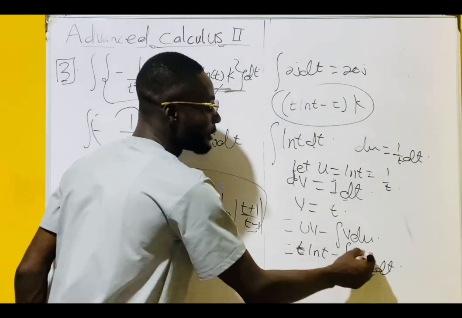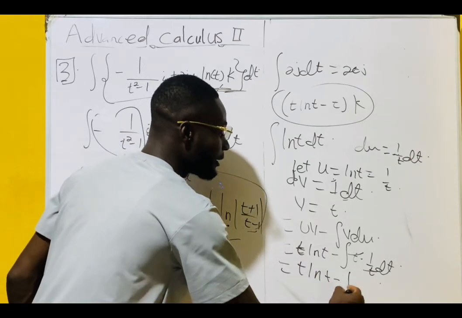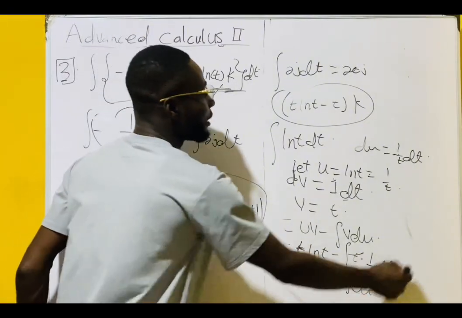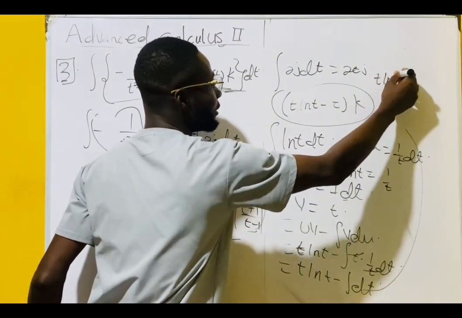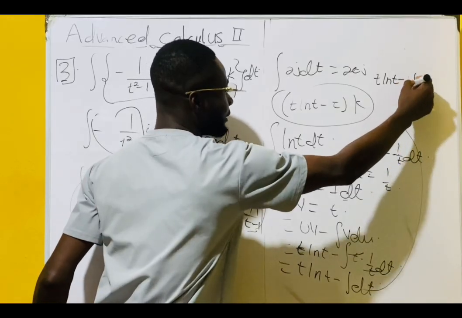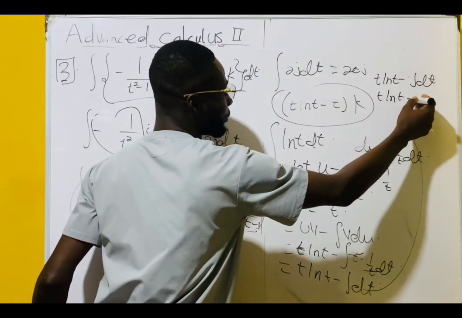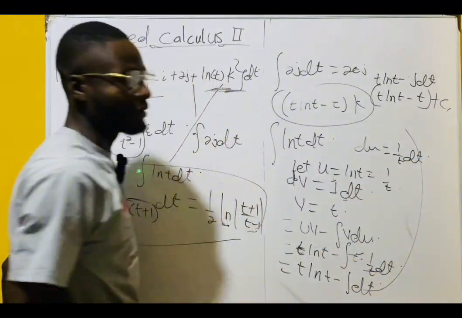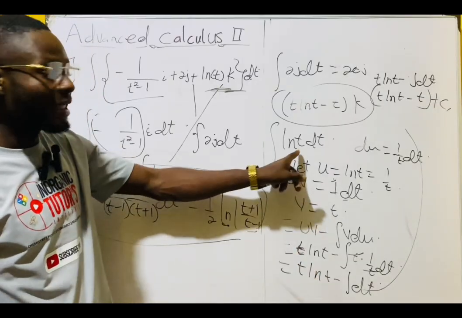So this cancels this, and we're going to have t ln t minus the integral of dt, and this is basically t ln t minus t plus a constant c, right? So that is the process you go through to integrate ln t.